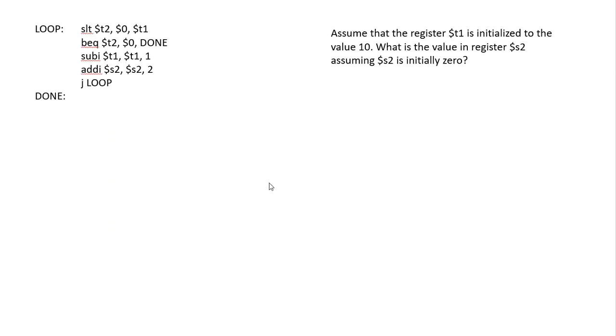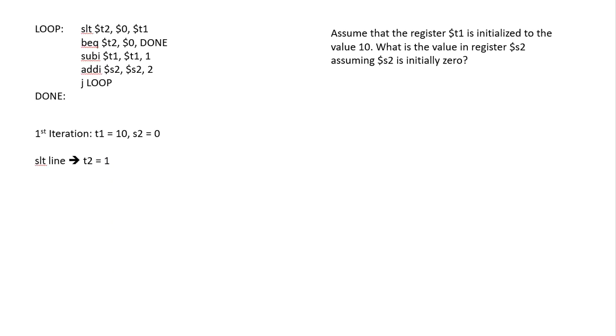Alright, let's get that put in. So here we have the beginning. We start with 10 as our value for T1 and 0 for our value S2. Alright, the first instruction up is the set less than.